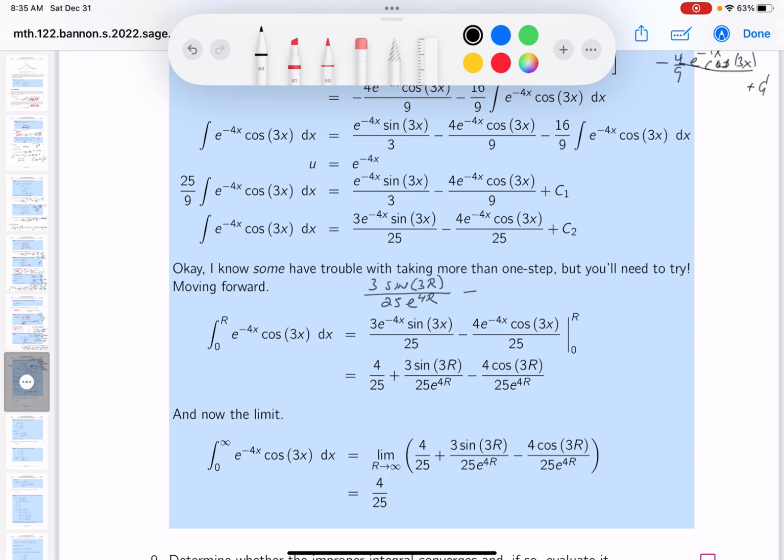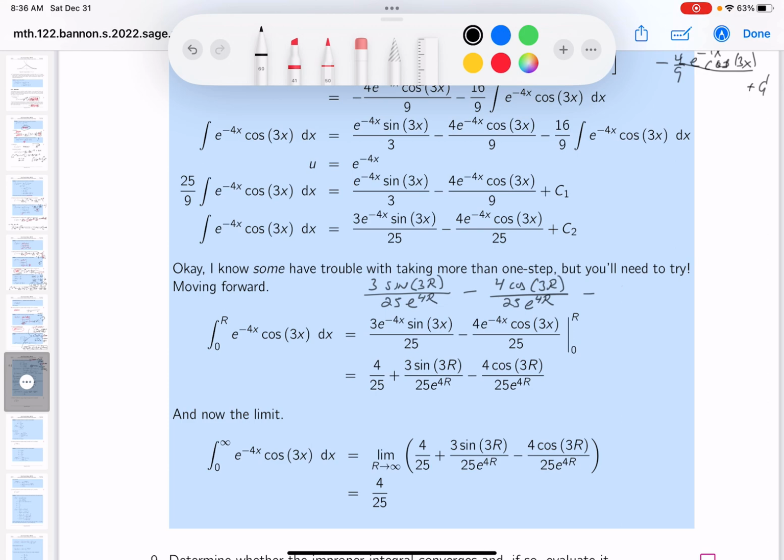minus 4 cosine 3r over 25 e to the 4r. That's the upper limit. Now minus the lower limit. And what's that going to be? Well, the sine of 0 is 0, so that's pretty simple.